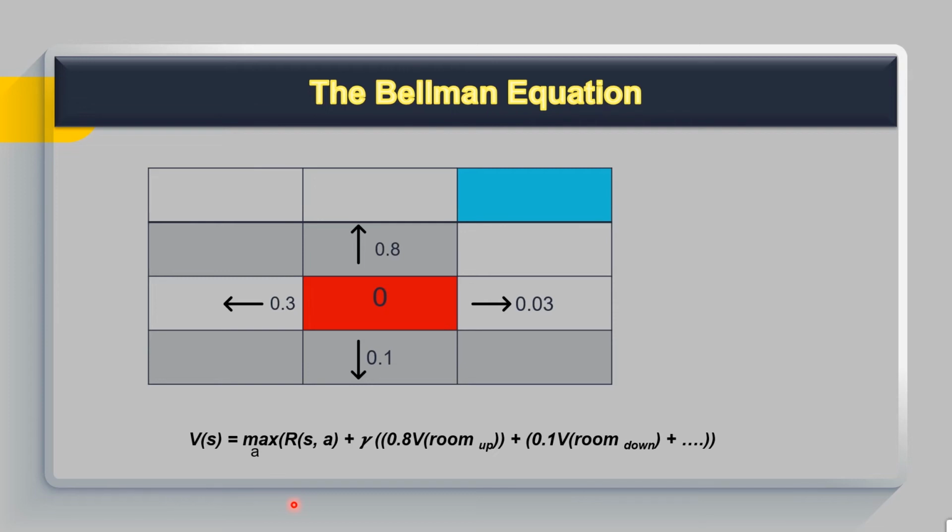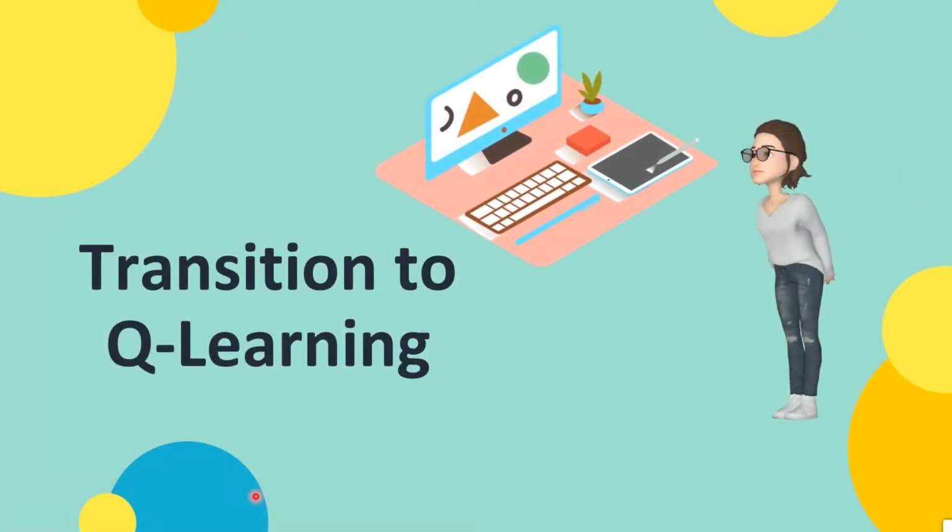So by now we have got the equation. So what we are going to do now is transition to Q-learning. This equation gives us the value of going to a particular state, taking the stochasticity of the environment into account.